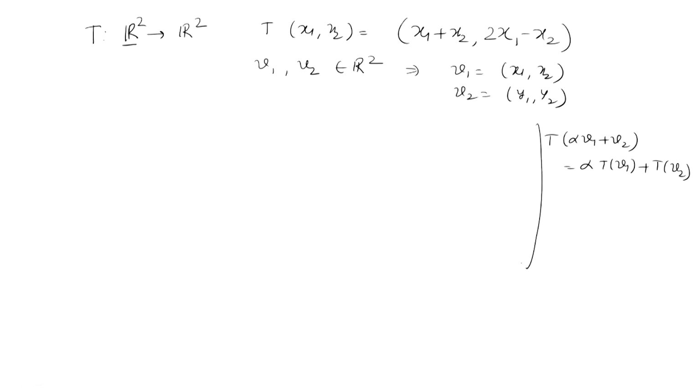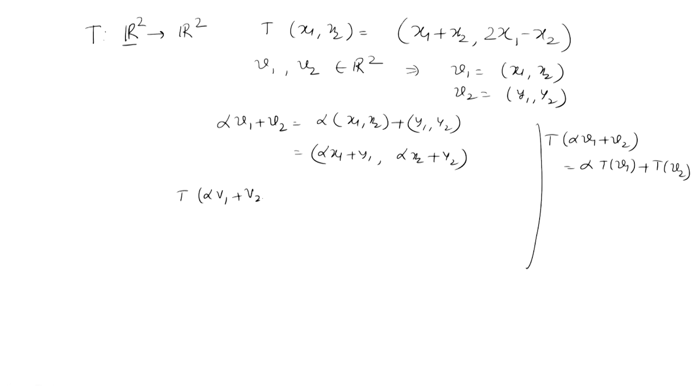So how can we proceed for this? Let us find T of alpha V1 plus V2 first. It is alpha times x1, x2 plus y1, y2, so it is alpha x1 plus y1, and alpha x2 plus y2. So T of alpha V1 plus V2 will be equal to T of this element, defined by this definition.